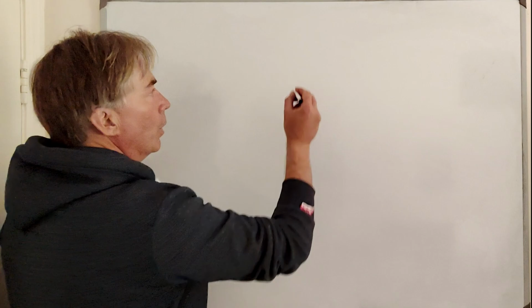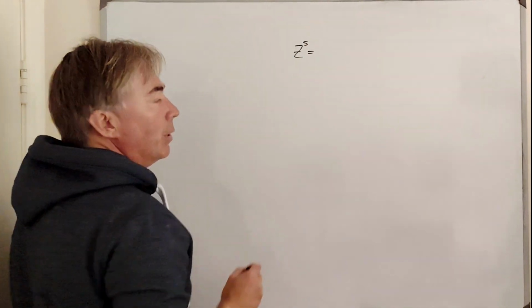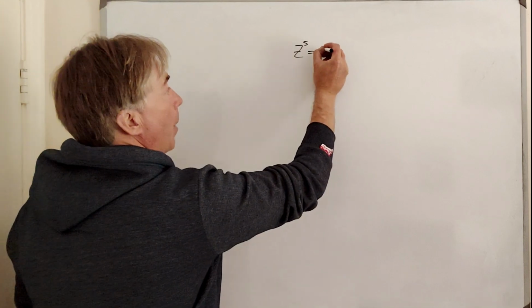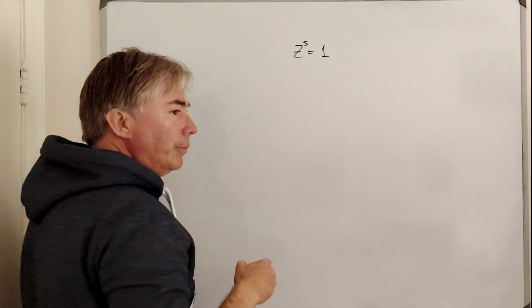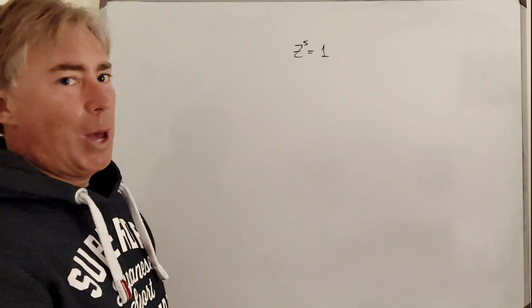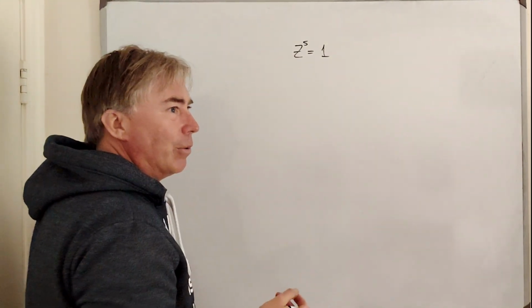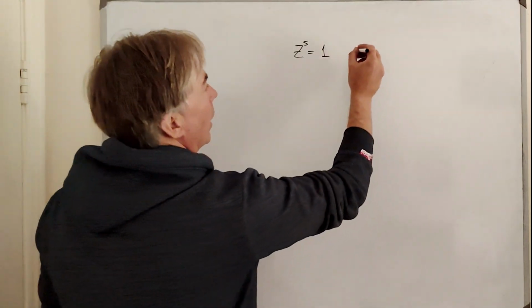of unity. So what I'm going to write down first of all is z to the power of 5, whatever that happens to be, is just equal to 1. Now, obviously, you would normally just take the fifth root of that and end up with 1, but on the complex plane, ironically, things are slightly more complex.